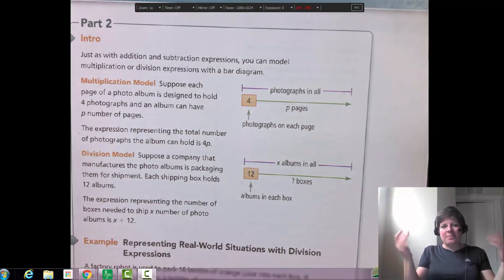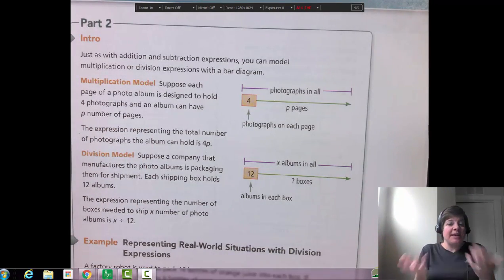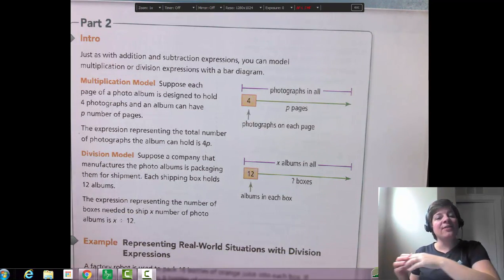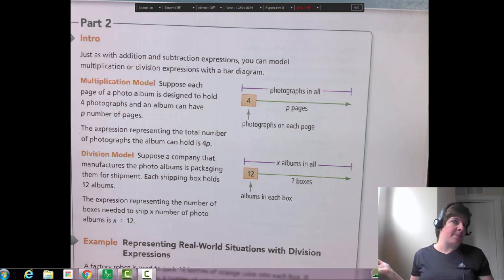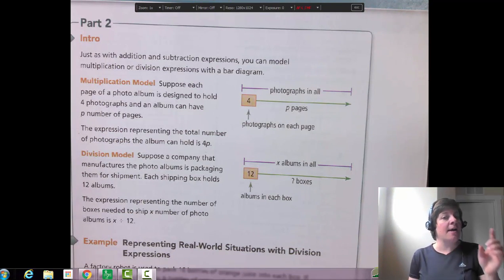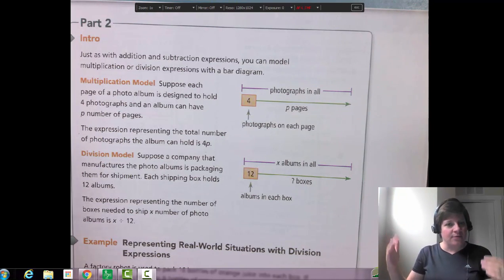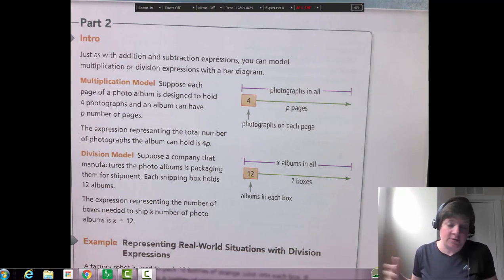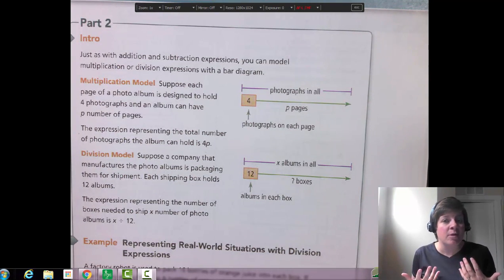So we don't know how many pages this thing has. It has P, but we know it holds 4 for each page. Well, if I want to figure out, let's say it had 20 pages, how would I find that answer? I would multiply by 4 because that would give us the 4 for each of the 20, or you could do repeated addition 20 times, but that's why we have multiplication.